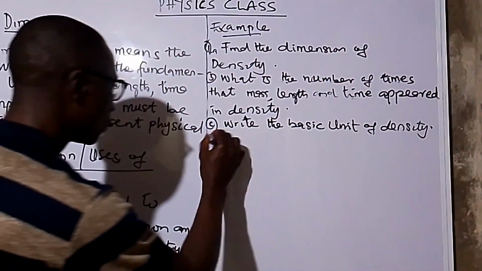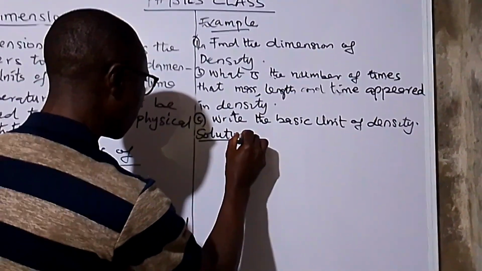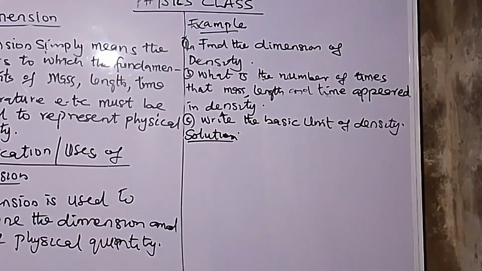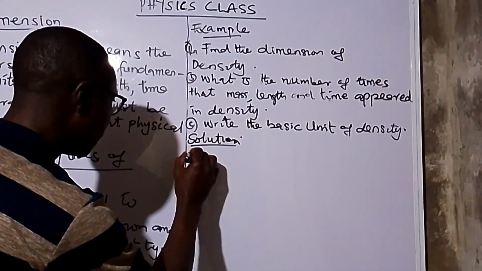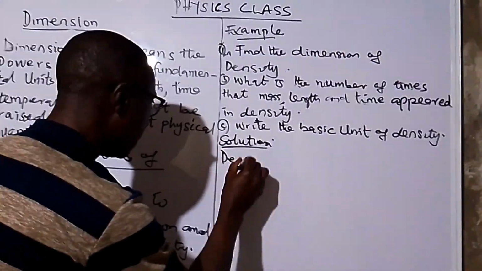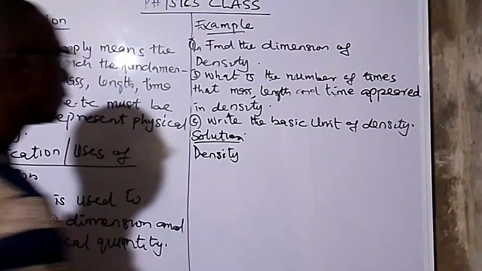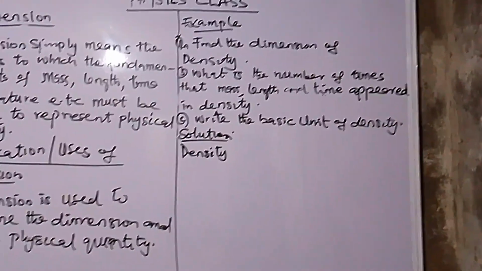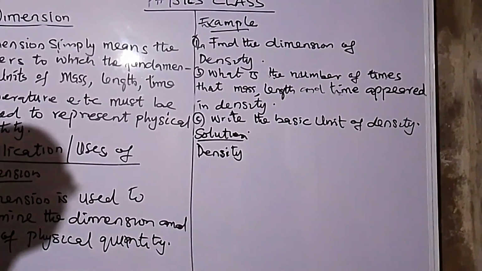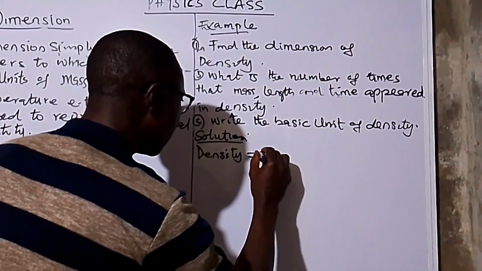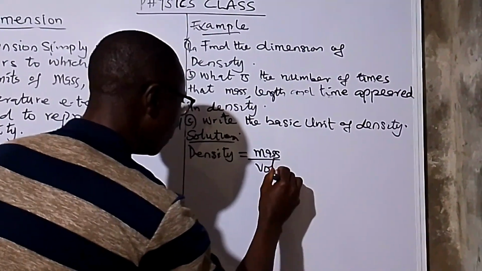Now, solution to this one. The derived quantity given in this question is density. You write it down. Density. Now, if you follow me from our last lesson, the formula for density is mass over volume.